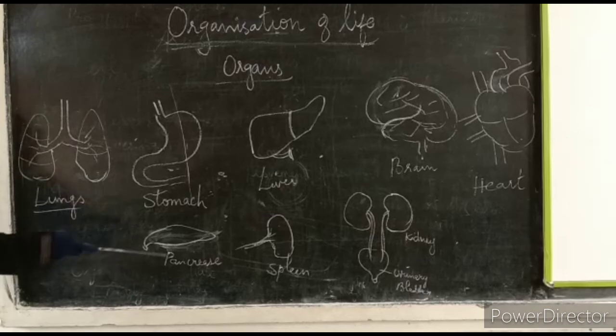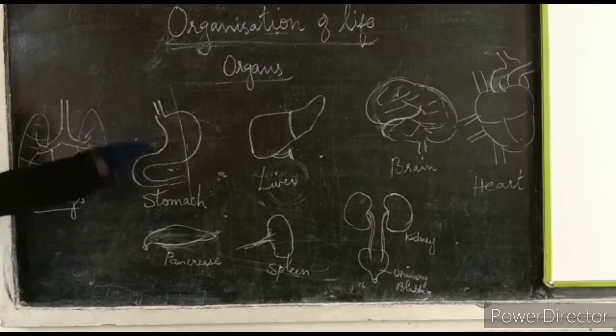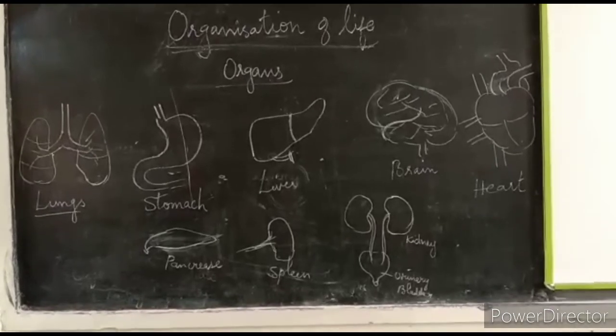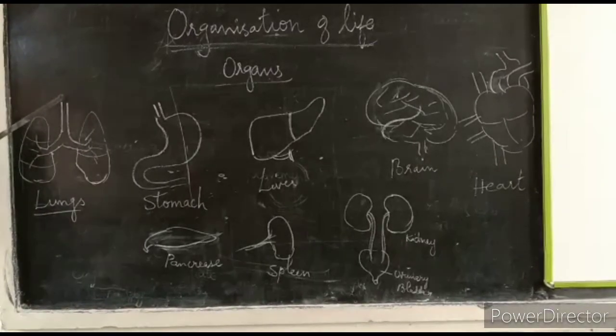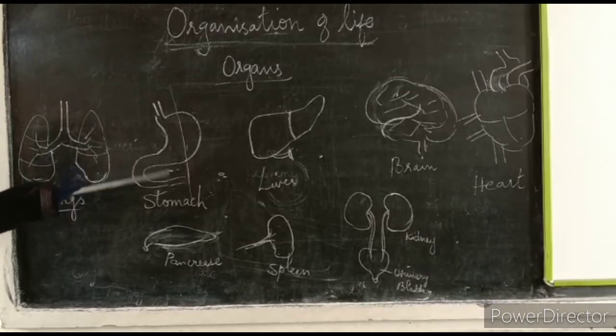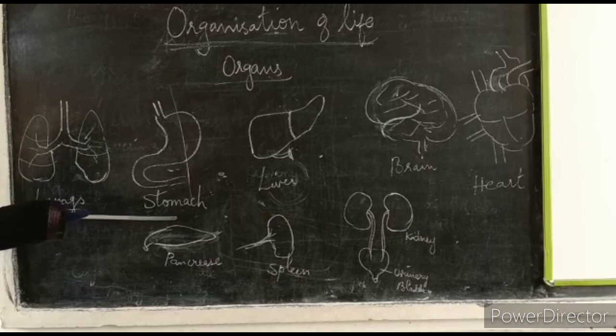Stomach, pancreas, spleen, liver together produce the digestive system. Lungs with the trachea produce the respiratory system.